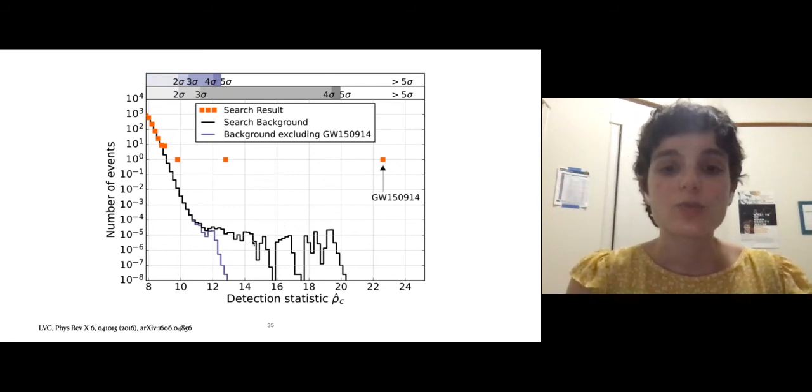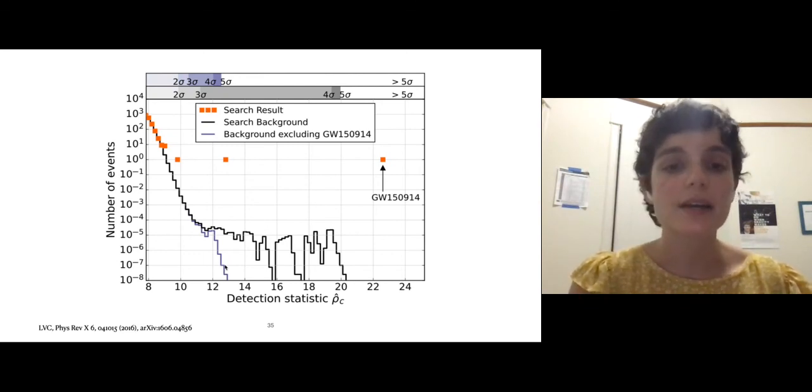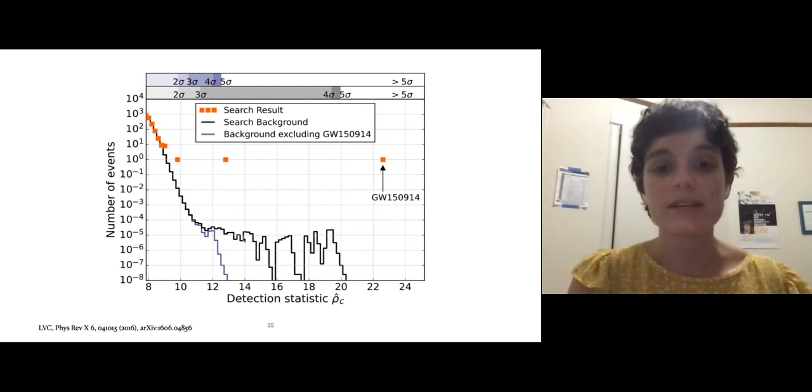The reason you see this difference is that when this gravitational wave signal is really in the data, even when we do the time slides, it sometimes lines up against some noise in the other detector just because it's so loud.